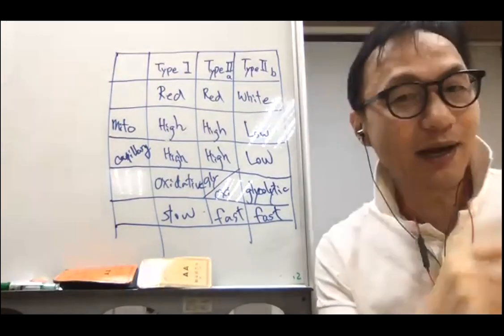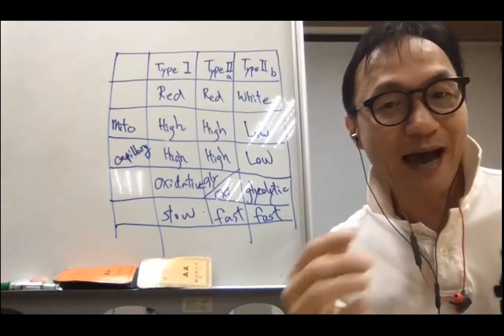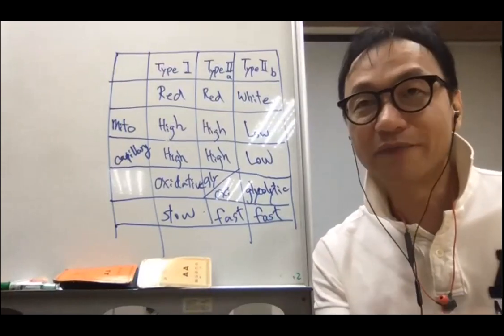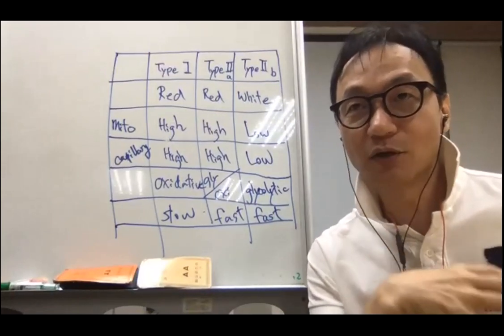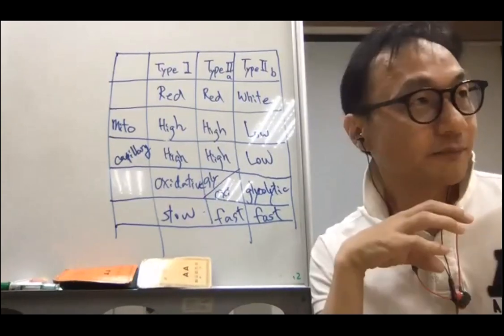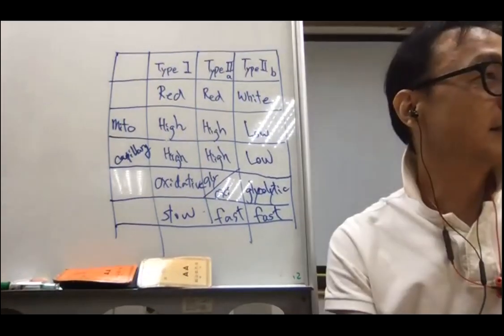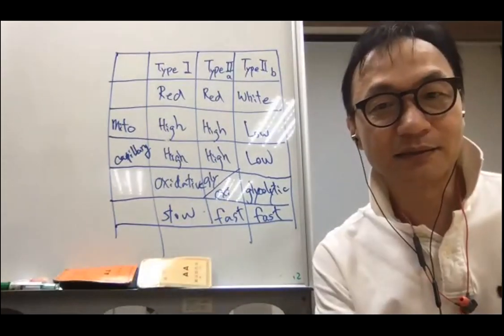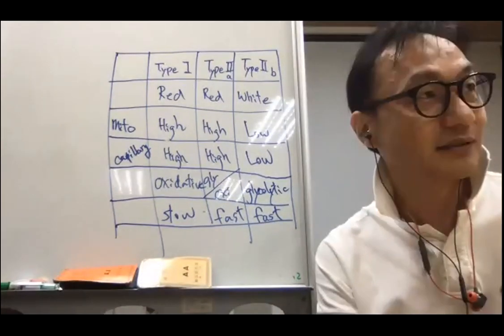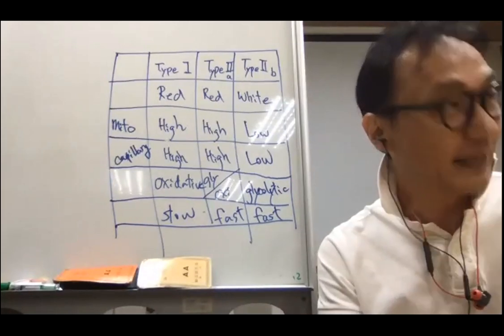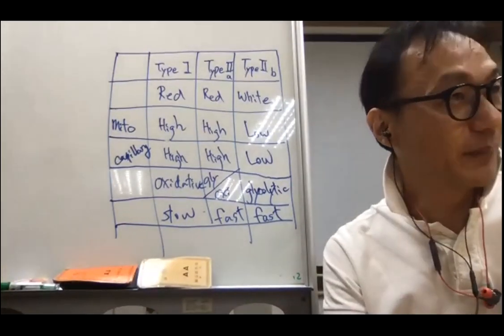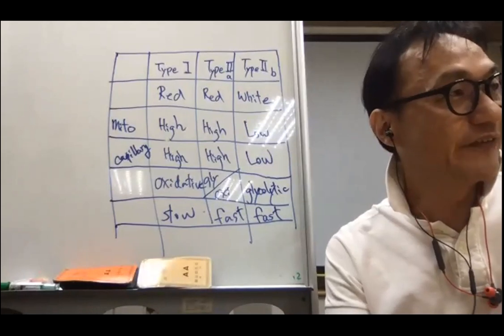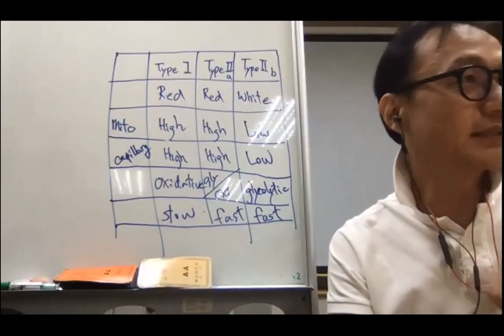So that's why if you have a higher body weight, you have a higher degree of muscle hypertrophy in your heart. Okay, so that is the answer. You have muscle hypertrophy if you have a higher body weight.